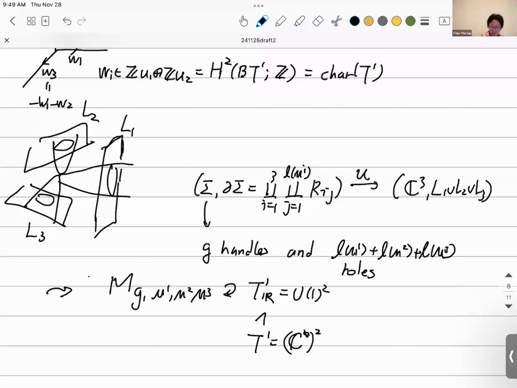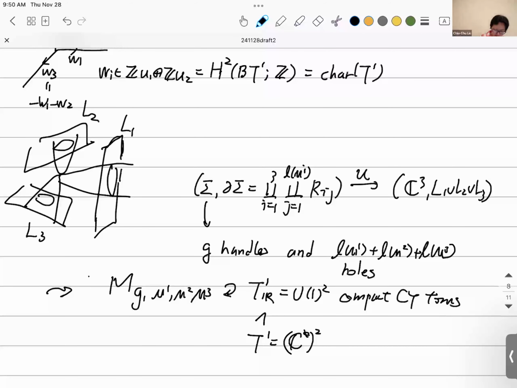This three Lagrangian is not invariant under the big torus, the three-dimensional torus, and it's not invariant under the Calabi-Yau torus either. I shouldn't say invariant. I want to say that each of these Li is preserved by T prime R, which is the maximal compact subgroup of the Calabi-Yau torus. So this is the compact Calabi-Yau torus.